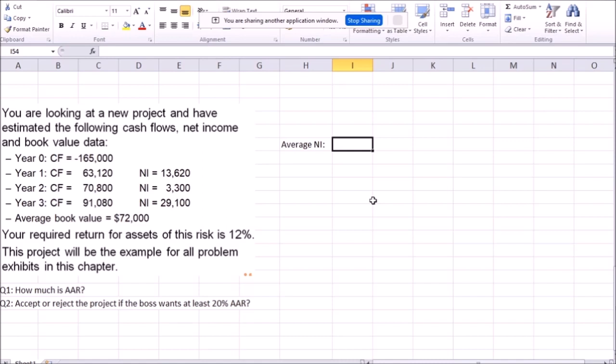It's going to be the three levels of net income for the next 3 years, 13,620 plus 3,300 plus 29,100. All of that simply divided by the number of years, that's 3. That's average net income.